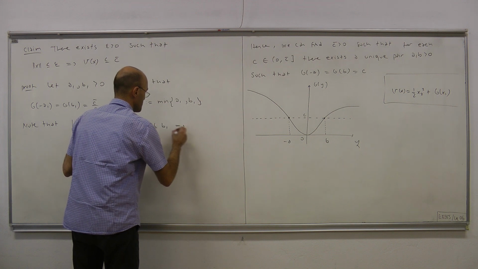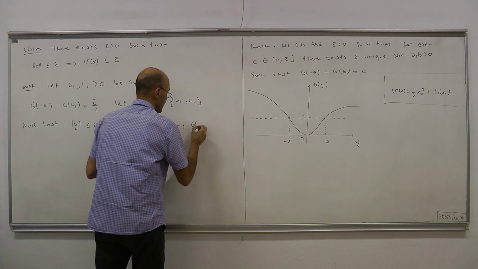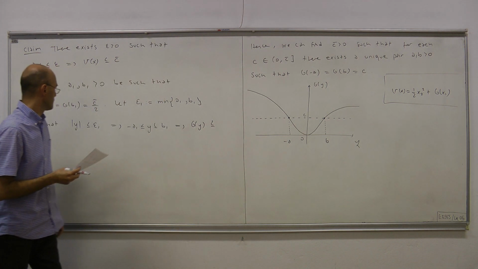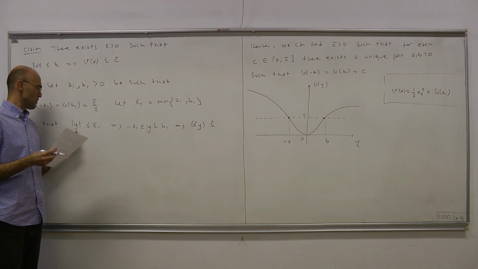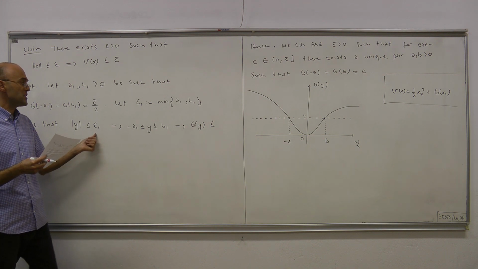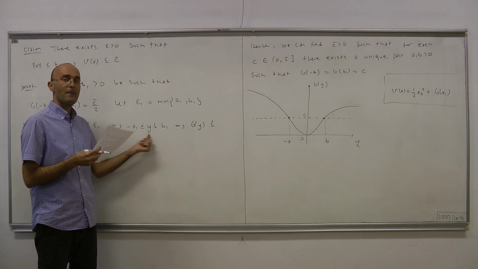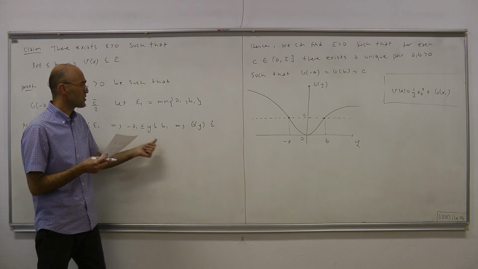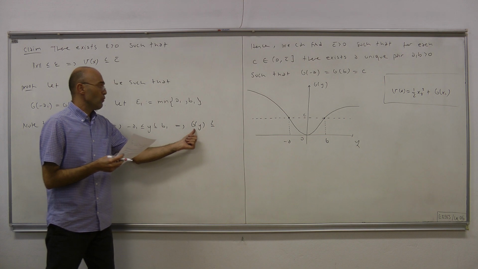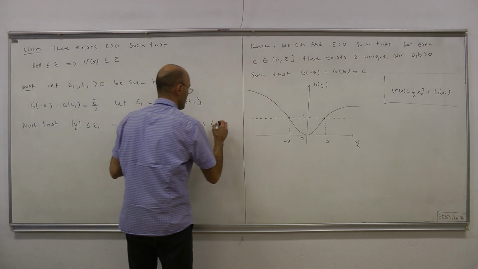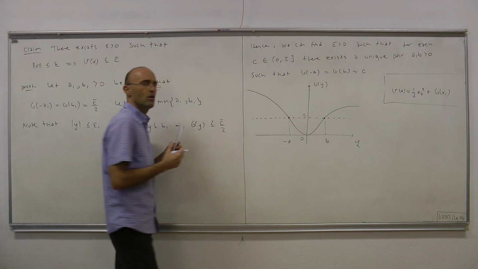And that implies that the magnitude of y less than or equal to epsilon 1 means that y is in this interval, and if it's in this range, then the value of capital G must be less than or equal to c bar over 2.